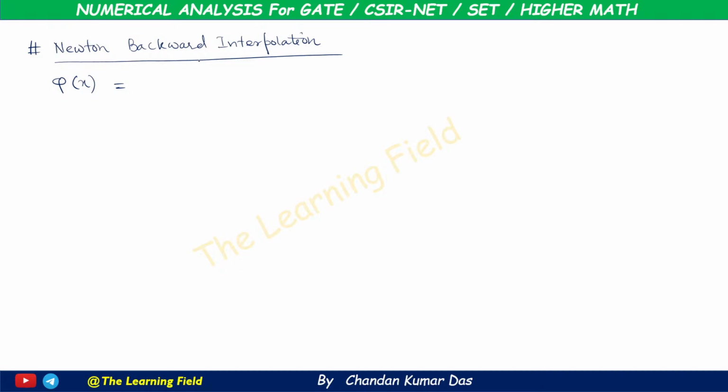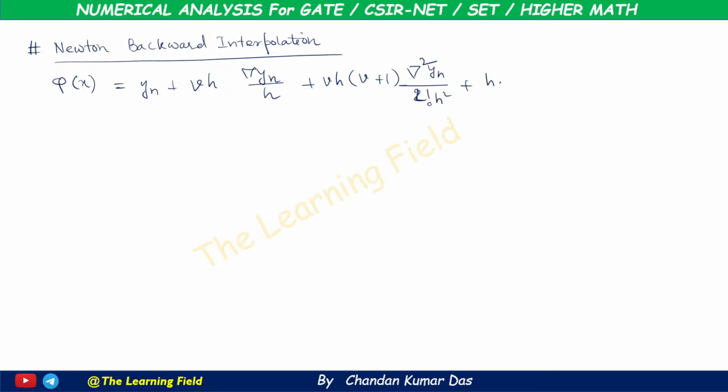This is equal to yn plus v h into delta yn by h, plus v h into (v plus 1) delta square yn by 2 factorial into h square.